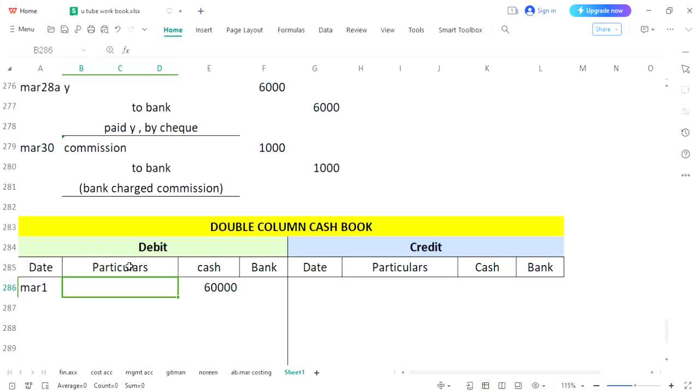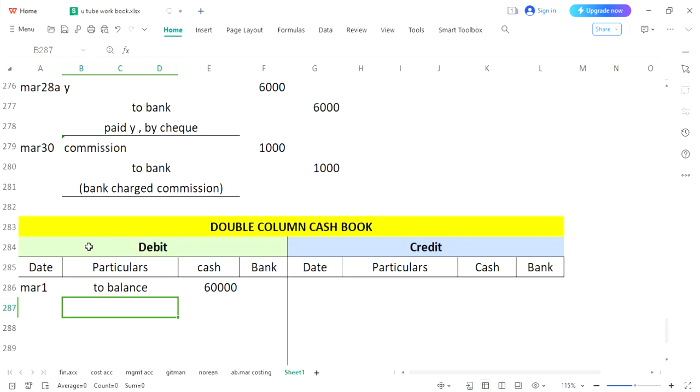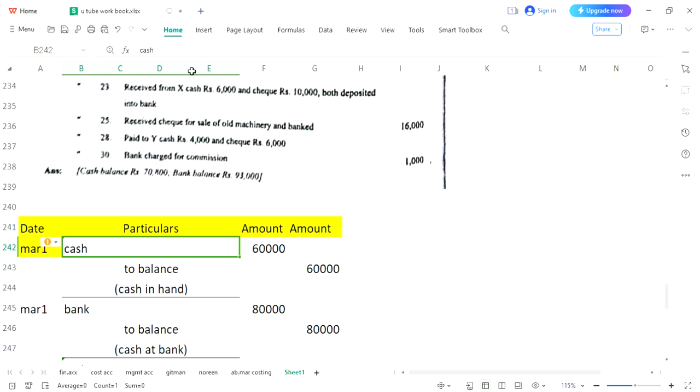So we will post to balance over here. In this way, our first entry has been completed because only cash was present over here. After completing the first entry, we will mark it as done by just changing the color. So March 1, cash, to balance, entry completed.